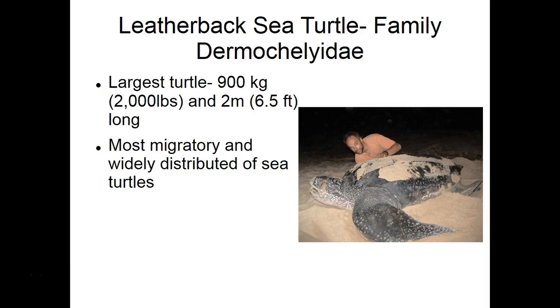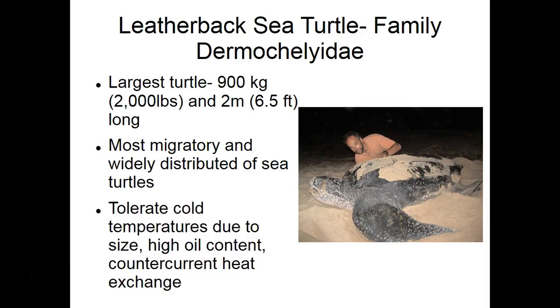It is the most migratory and widely distributed of the sea turtles, like I was showing you on the map. Essentially, the leatherback sea turtle will migrate between warm breeding areas and colder feeding areas. And so they are going between warm water and cold water. And this is actually special because sea turtles can't do that because cold water is too cold for them.